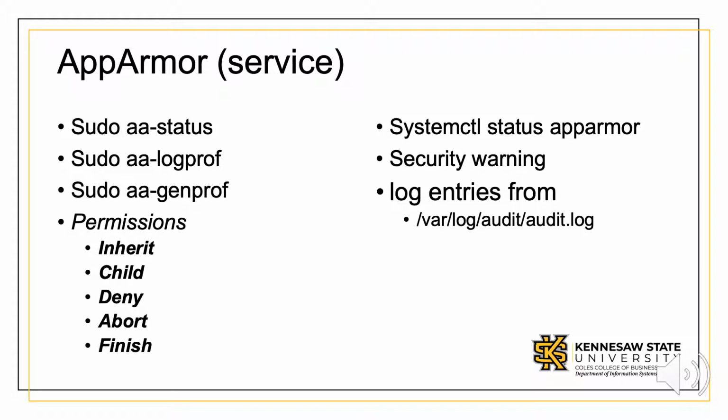Complain mode allows you to perform almost all tasks without restrictions, but it will log them in a specific file, which I have posted here, in the log entries. That's where the status will be logged. You also have unconfined mode, which allows the program to perform any task and not log it, which is very dangerous for a system administrator because you want to see what's going on in your network at all times.